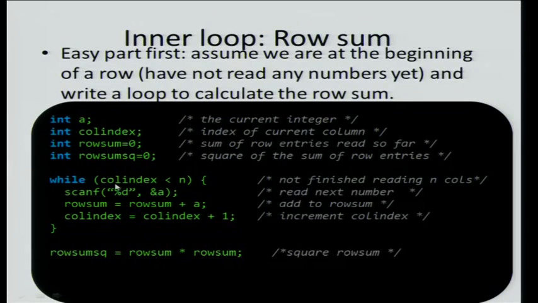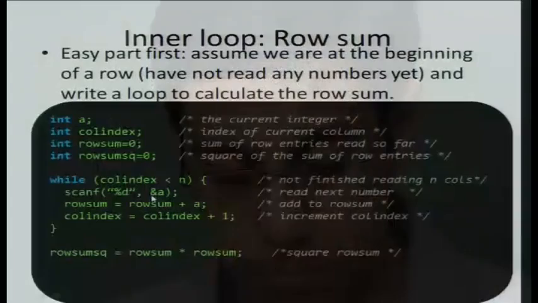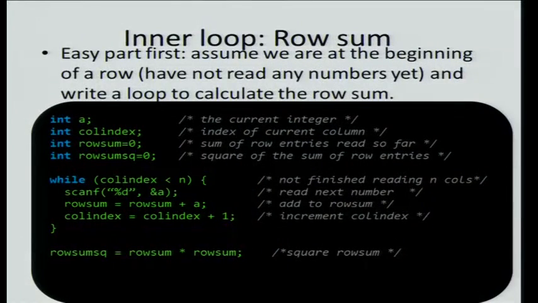So while the column index is less than n, recall that the matrix size was m cross n, you scan the next number, it is added to the row sum, and then increment the column index until you hit n. Recall that the last column is n minus 1 because we start the column numbers from 0.